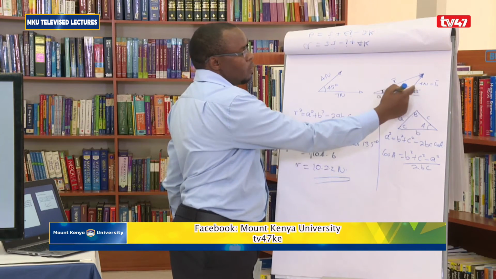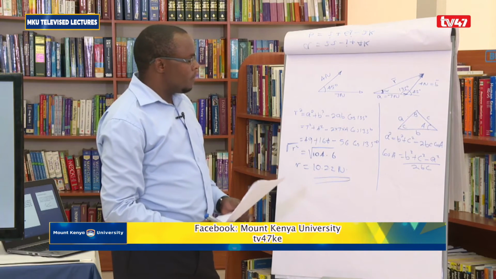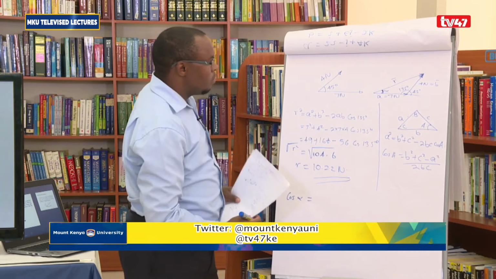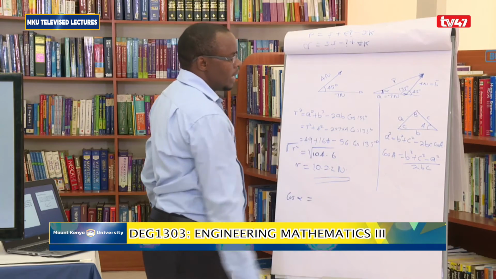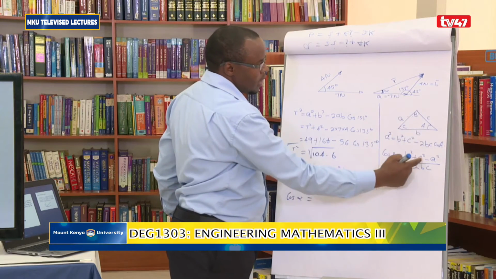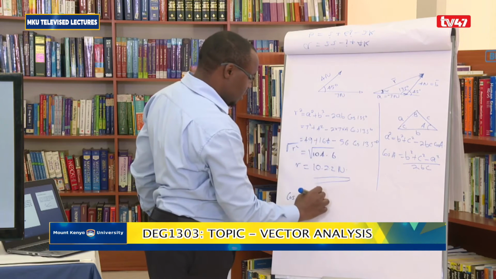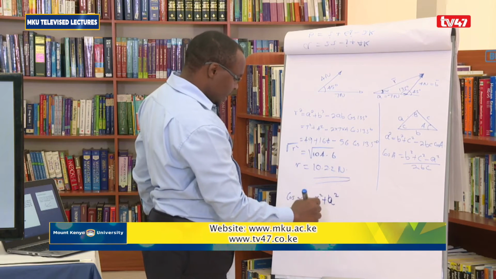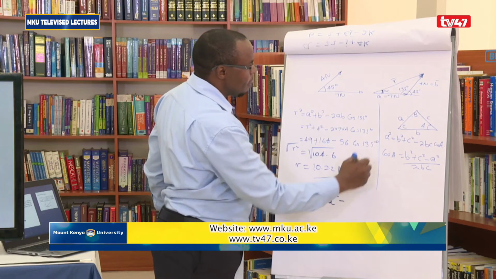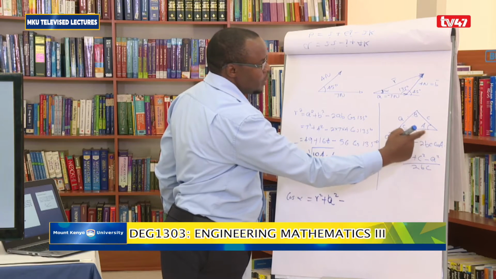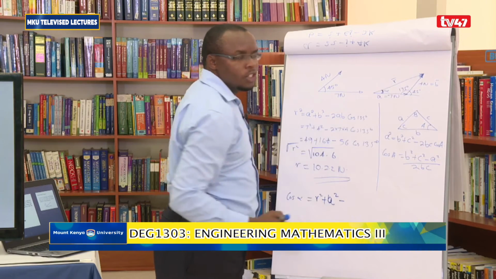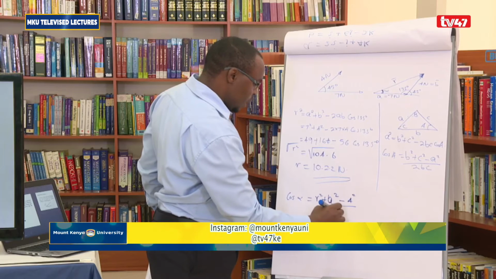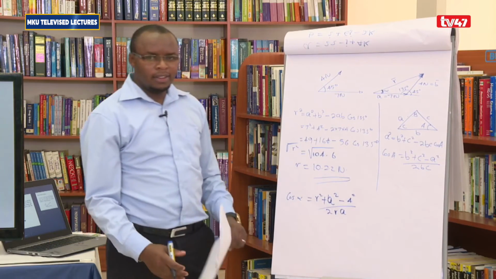The same case, if we come here, we can get the value of this angle here. Remember now, this one is opposite B, and therefore the cos of our angle alpha is going to be given by, now, it is between these two, like what we had that A is between B and C. So this is between R and A, so we are going to have R squared plus A squared minus the side which is opposite the angle, and our side which is opposite is 4, so this is minus 4 squared all over 2RA, or 2AR, okay?